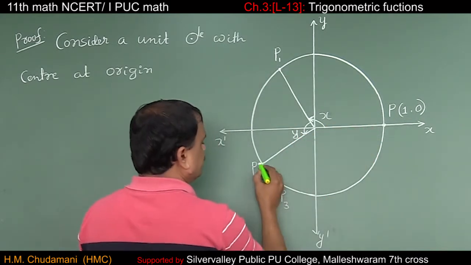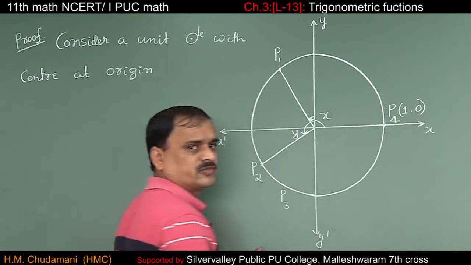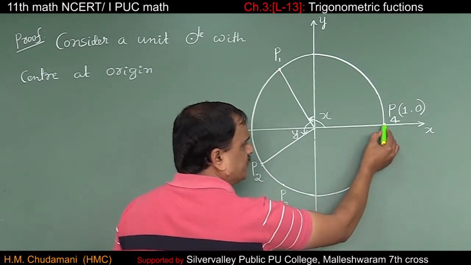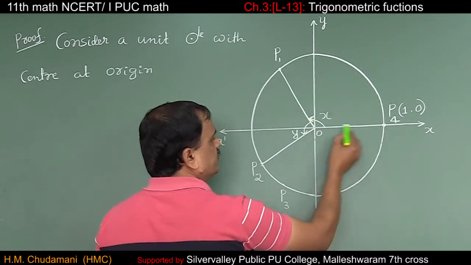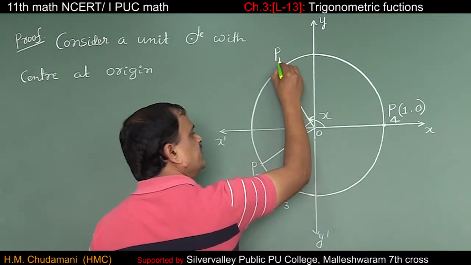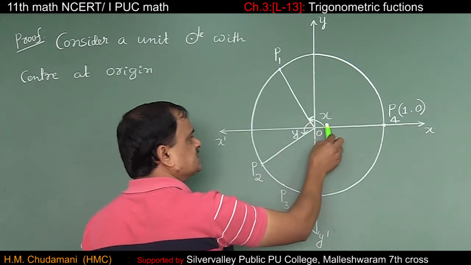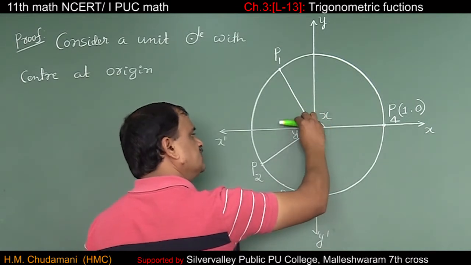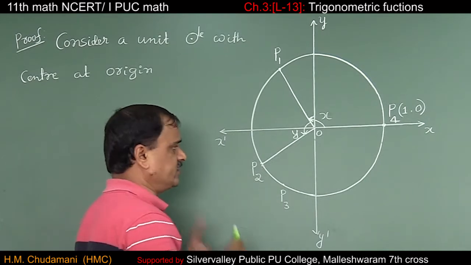Say this is P4. Angle P4 O P1 is x unit. This amount of rotation is x unit. From here to here, P1 O P2 is y unit.